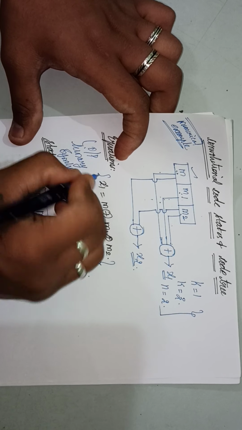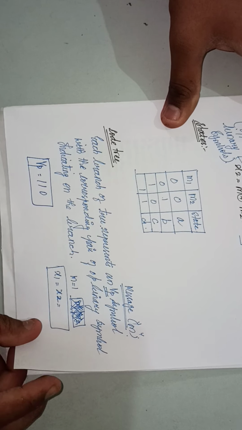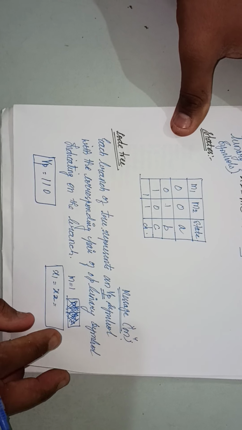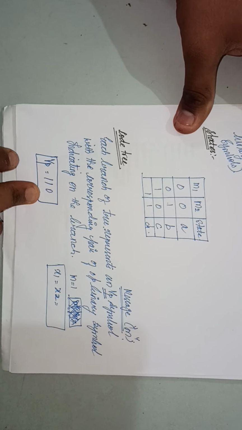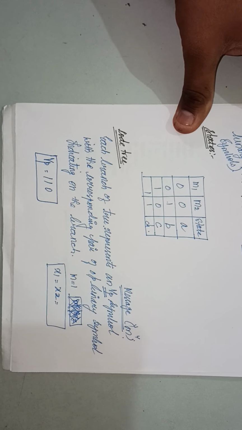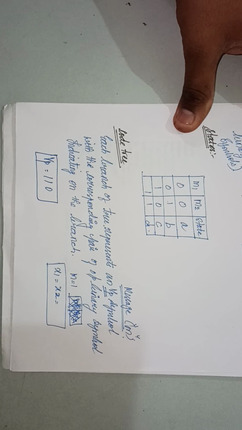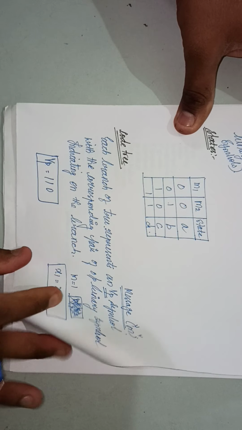Let's check how to draw the code tree. For drawing the code tree, I have taken the example input equal to 1 1 0. We have 3 m values: at first the m value is 1, second the m value is 1, and third the m value is 0. Let's check how to draw the code tree.